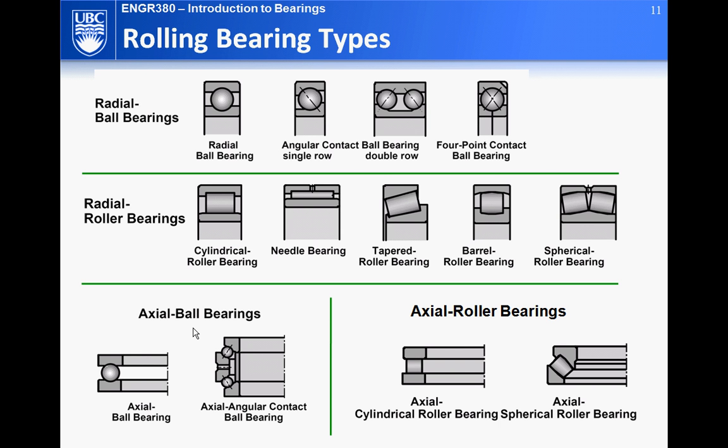This is the horizontal direction, and your shaft goes vertically. One side of the shaft sits on top, the shaft rotates, and this is the rotating side of the bearing. If you have an axial loading vertically, this is going to take care of that axial loading.